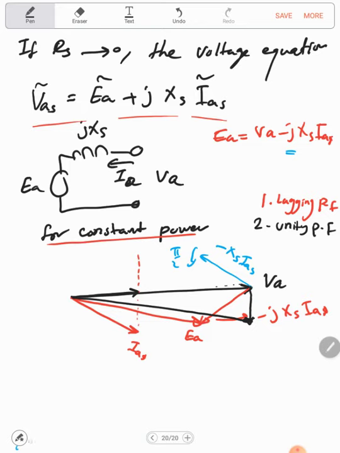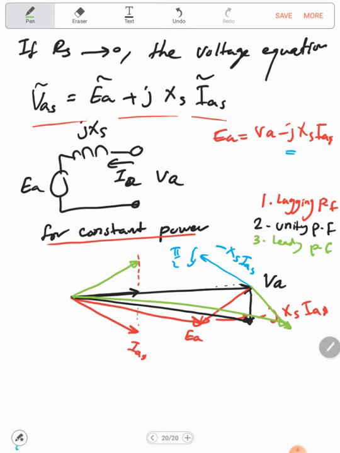Now for the leading power factor, so this is the current here for leading power factor, and the vector in the negative will be somewhere here, and 90 degree will be in this direction, and this will be the EA.